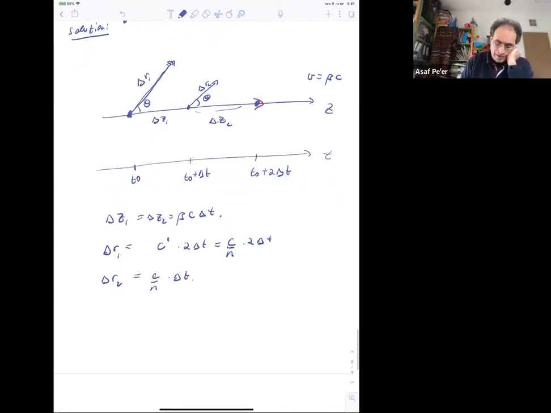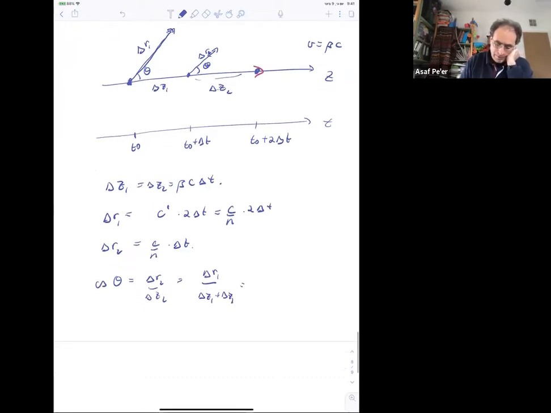Right, so cosine theta is just delta r2 over delta z2, which is also, if you want, delta r1 over delta z1 plus delta z2. So it's c over n delta t divided by beta c delta t.